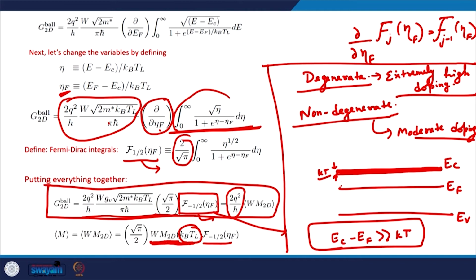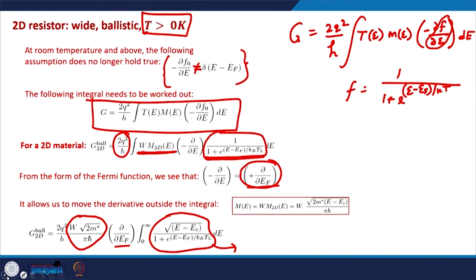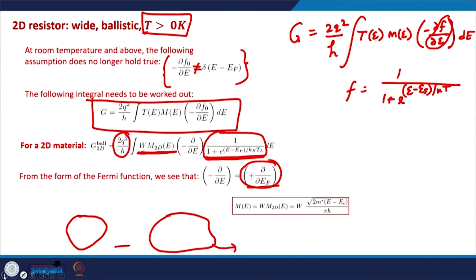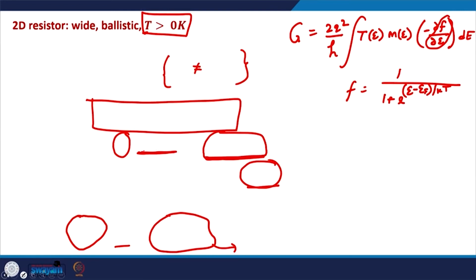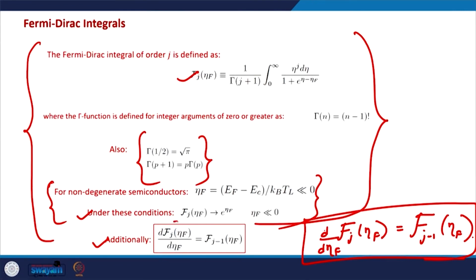So this is a restatement of the fact that we discussed in the last slide, that is, this condition essentially.